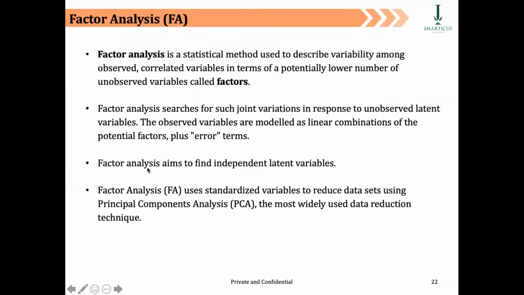Factor analysis tries to find independent latent variables, the hidden variables in the data. It uses standardized variables to reduce data sets, and it also uses PCA as one of its methods, the most widely used data reduction technique. So factor analysis could be a superset, and PCA could be a subset, correct?